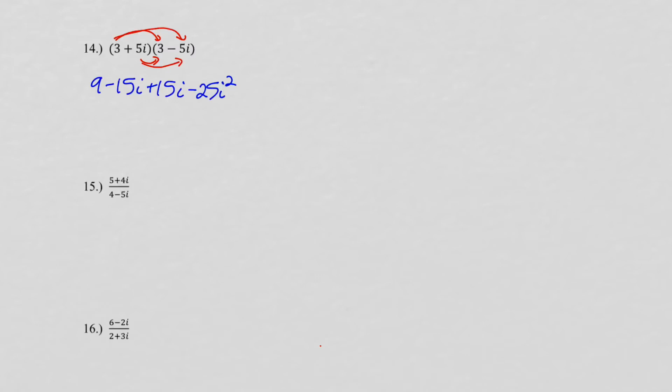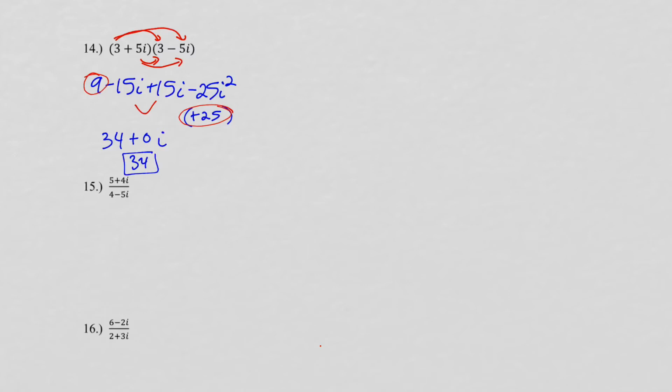And then we know this becomes a positive 25, negative times negative. So again, we're going to put our two real numbers together and combine our imaginary part. So it's 34 plus 0i, which is just 34.